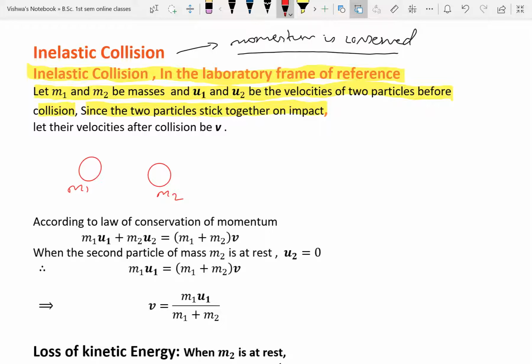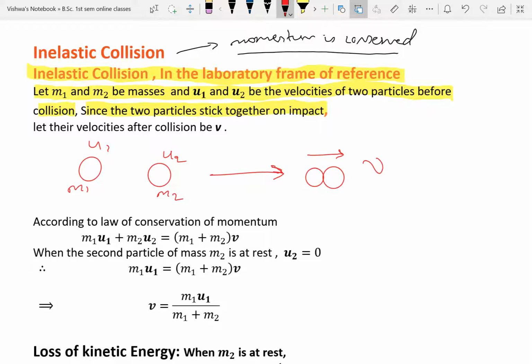Now these two are going to collide with each other. After the collision, they are moving with velocity v and they are stuck together.